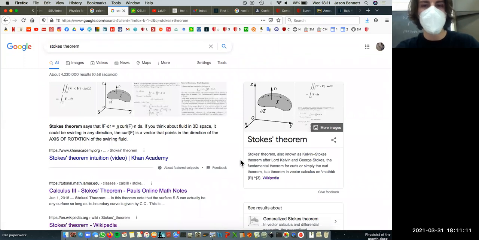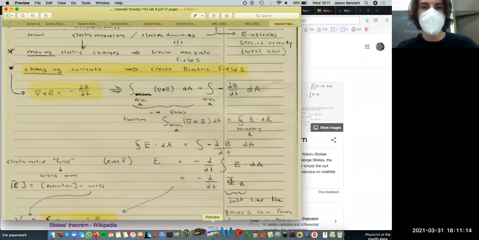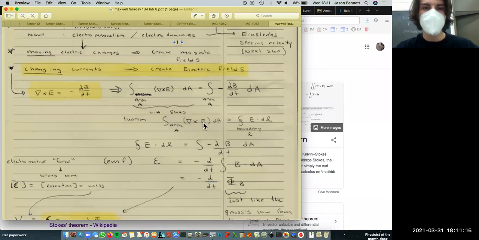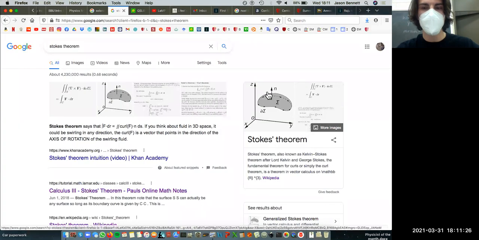The way it works is that if you integrate something over an area, that is equivalent to integrating over a length element around, so this little circle on the integral means that I'm integrating around the outside of the figure.